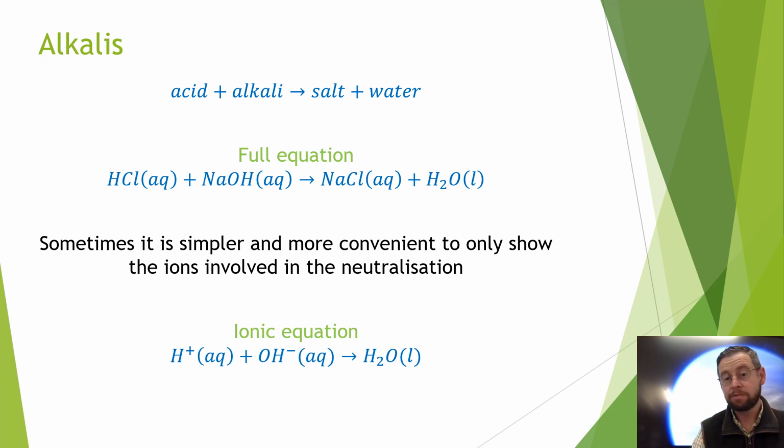Now sometimes we would write out the full equation like this, but sometimes it's more convenient to show an ionic equation, which basically shows just those ions that are involved. Here we're concentrating on the neutralization of the H+ and the OH- to form water. That is sometimes how it's going to be displayed, just because it's more convenient.